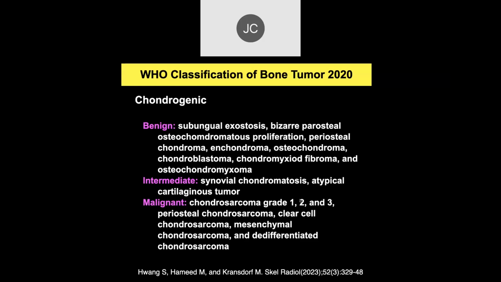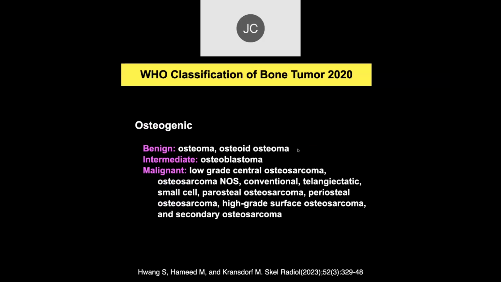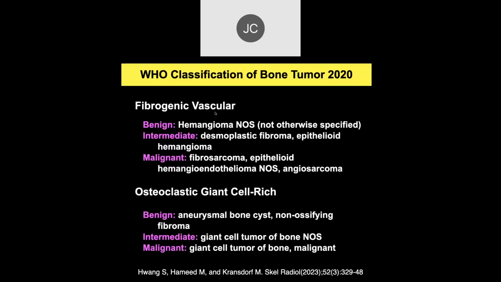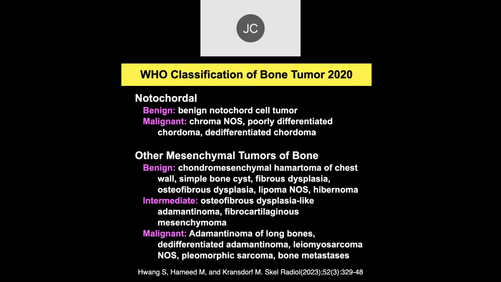And this also fits in with the article that I'm going to review at the end of this short little talk. So we talk about chondroid lesions, osteogenic lesions, also the benign, intermediate, and malignant classifications of osteogenic lesions, fibrogenic and vascular, also benign, intermediate, and malignant, as well as the osteoclastic giant cell rich, where basically you have intermediate giant cell tumors and malignant giant cell tumors in addition to the benign lesions we're familiar with.